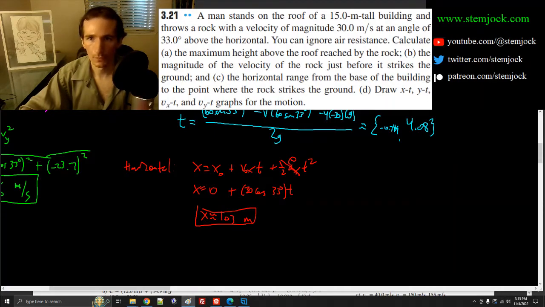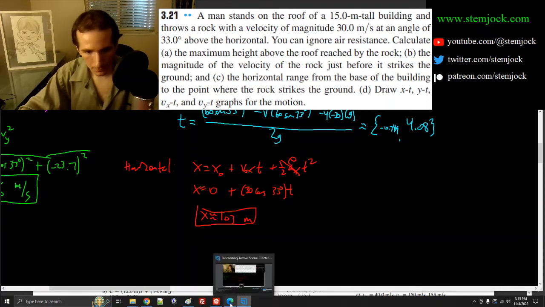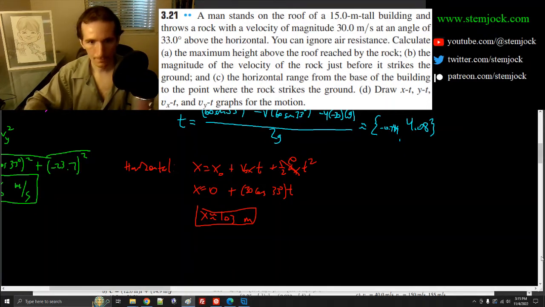What else do they want? Draw xt, yt, vxt, and vyt graphs for the motion. Okay. All right, so this here is our equation for x.